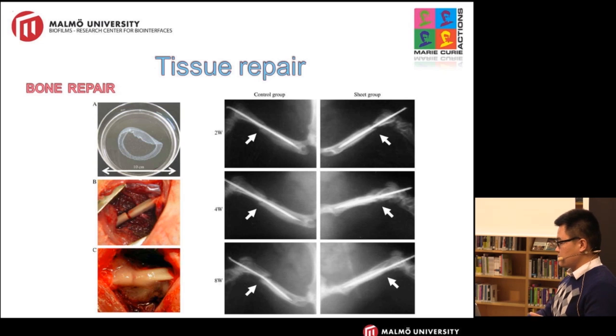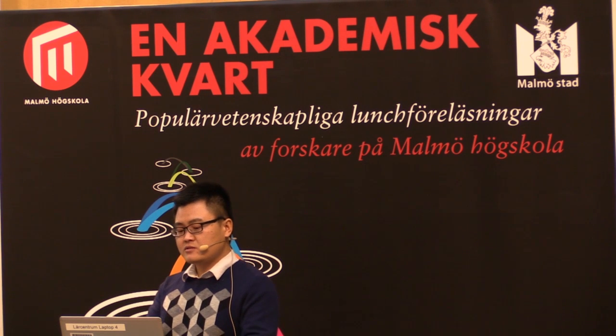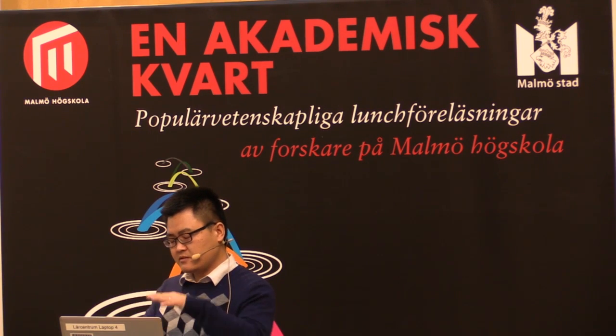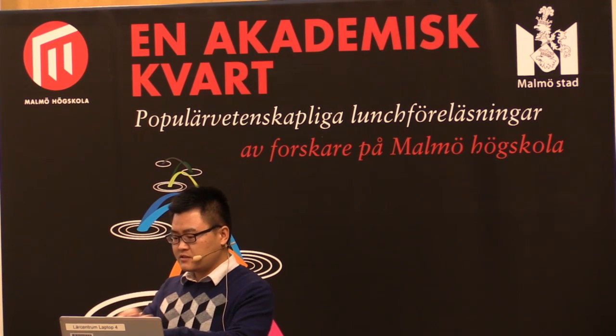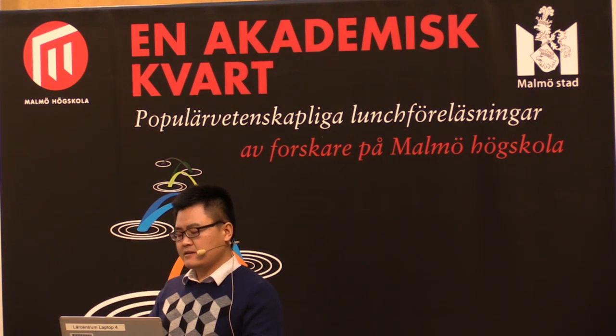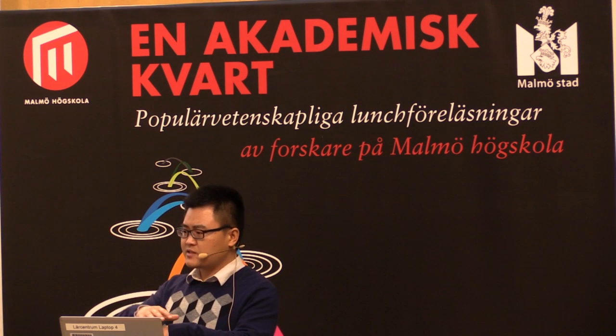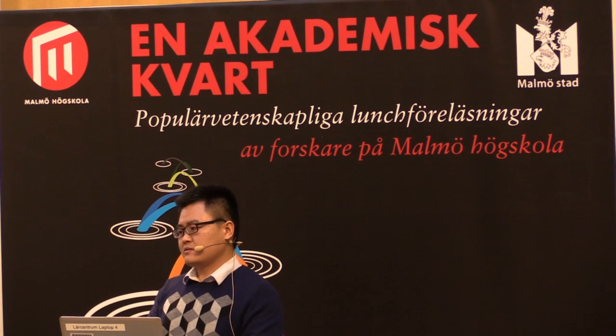Also, we can use this cell sheet for our skin repair. Skin is a two-dimensional structure. Also, our cell sheet is a two-dimensional structure. So with this cell sheet, we can fabricate a multi-layer and cover it on your damaged skin, maybe a burn or a scald. You can imagine it is much better than just covering with medical gauze.